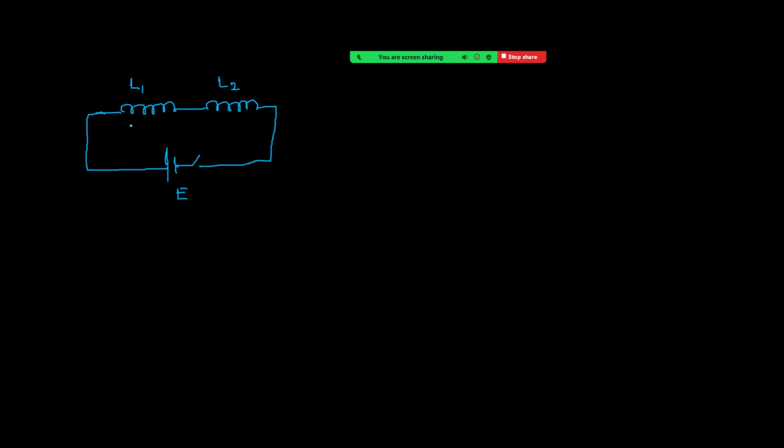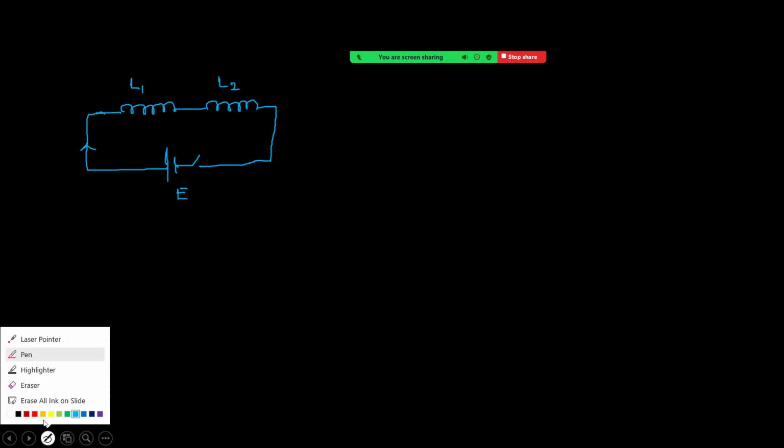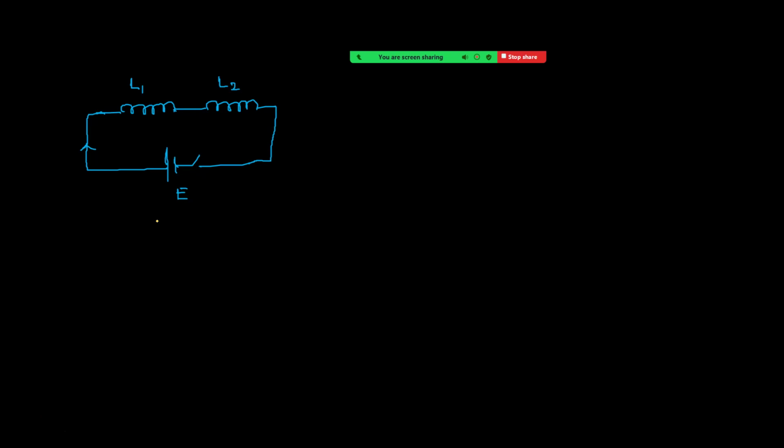So here what happens is current is now increasing, right? Since the current is increasing, if you want to replace inductors with batteries, we have to replace like this, positive and negative. And this also positive and negative, because the current is increasing.